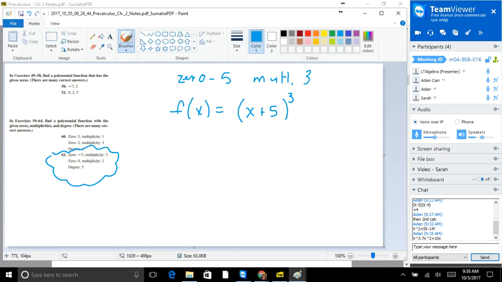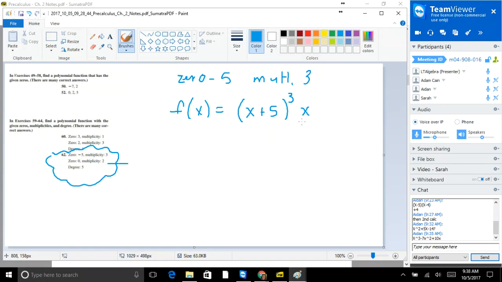And then our second detail about our polynomial function is that we have a zero at 0 with a multiplicity of 2. So when we have a zero at 0, we're just dealing with x, because if we plug in 0 to x, we get 0.